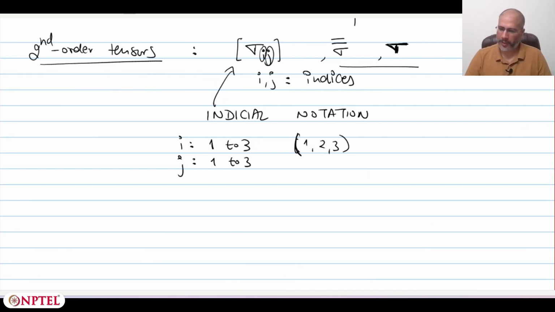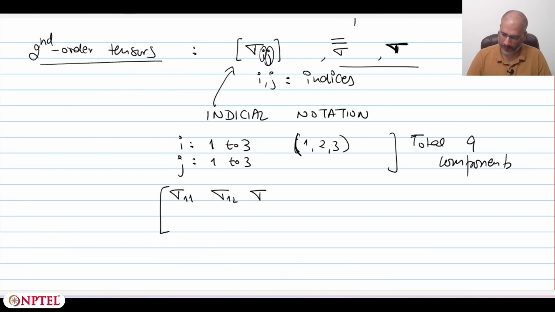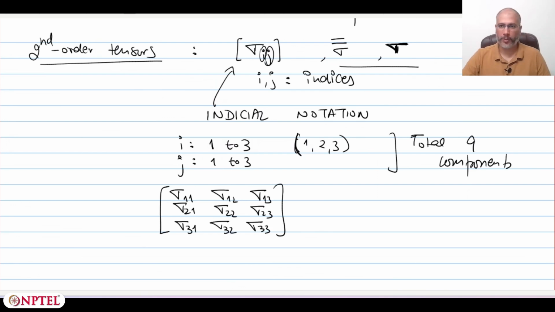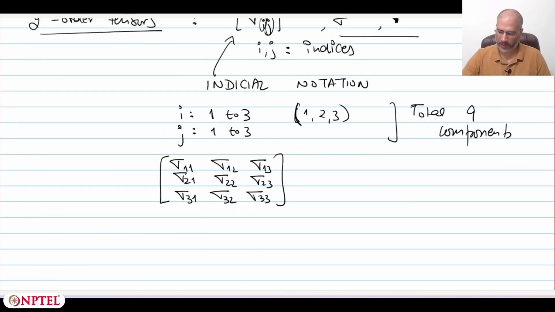So the number of components in this sigma object, the second order tensor, is going to be 3 times 3, because index i goes from 1 to 3, j goes from 1 to 3. So we have a total of 9 components. So this can be denoted in a matrix form as well. Often you will see that second order tensors are written as matrices.